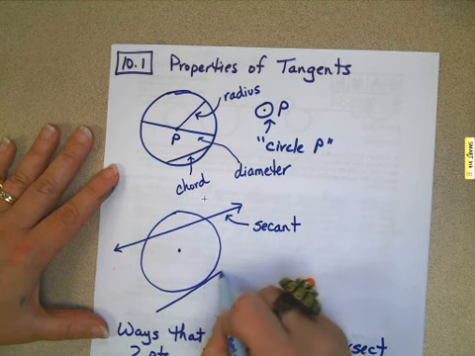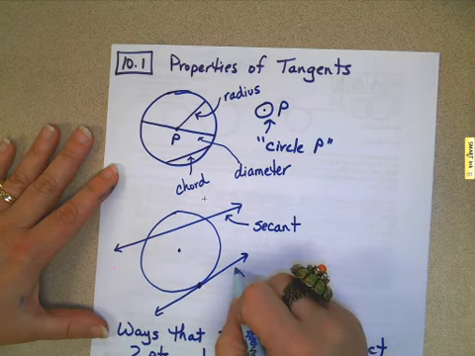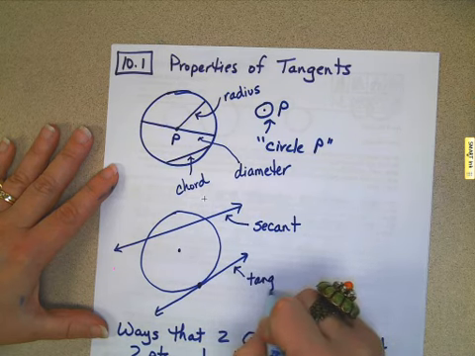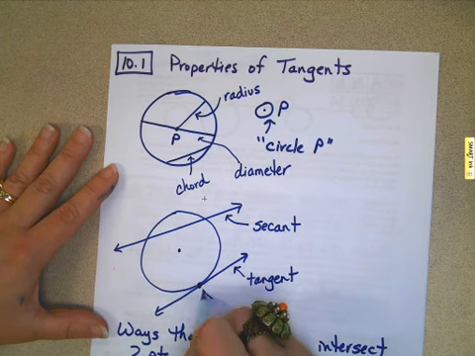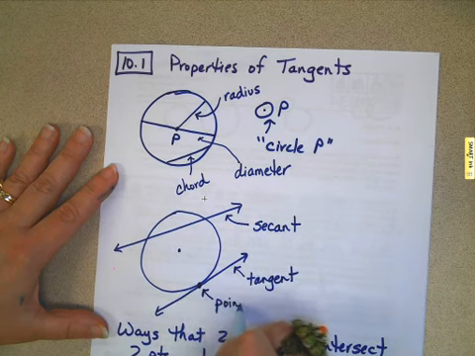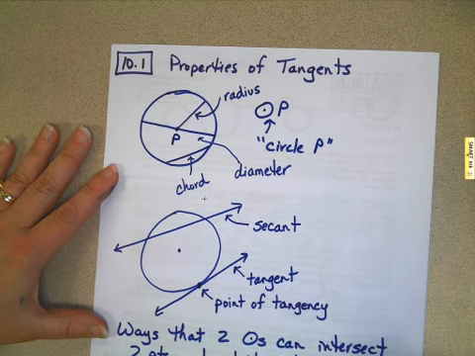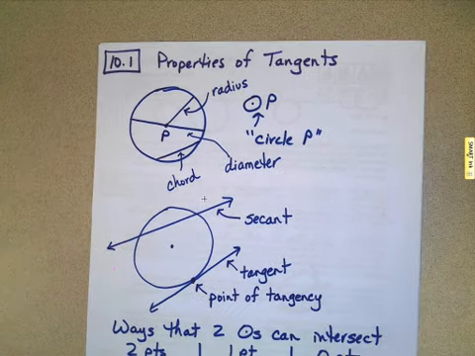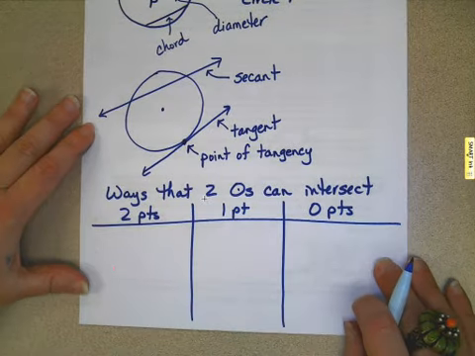It's really hard to draw a tangent, but the idea is that it only touches a circle at 1 point. Now, the point at which the line touches a circle is called the point of tangency. Not a big surprise. Okay, so there's a bunch of vocabulary that we'll need to know just to kick off our chapter on circles.